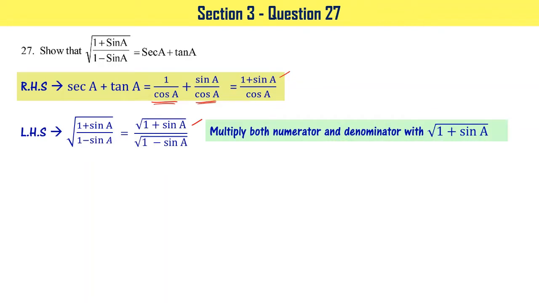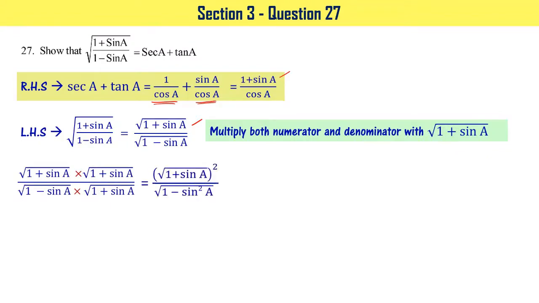So let's multiply both numerator and denominator with square root of 1 plus sin A. When you do that, because you have square root of 1 plus sin A times square root of 1 plus sin A, I can write it as square root of 1 plus sin A whole square, right? If you take a look at the denominator, I have square root of 1 minus sin A and times square root of 1 plus sin A, right?